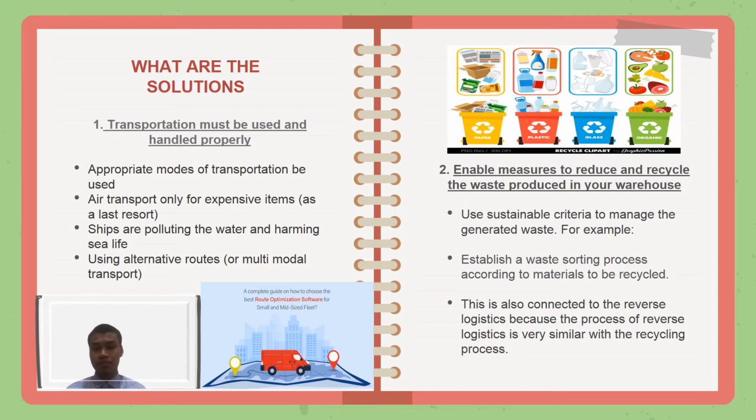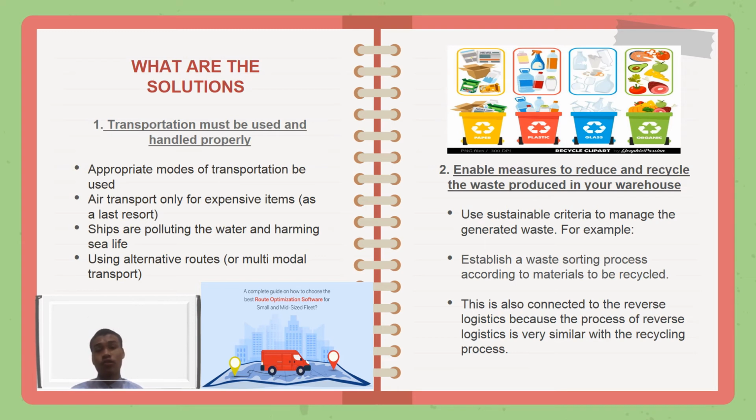For example, air transport must only be used for expensive items or as a last resort, while the usage of ships as a mode of transportation must be reduced because ships can harm sea life and pollute the water. That is why alternative routes must be used in order to reduce the time and fuel spent, so the goods can be distributed and delivered quickly and safely.